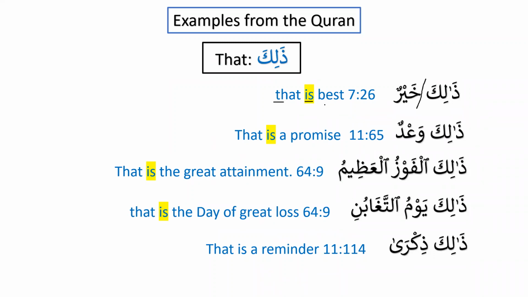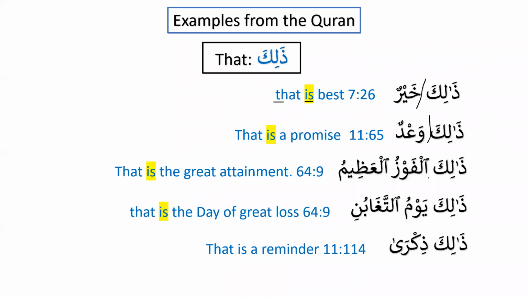And also we need to remember that these are parts of the verses that we take from the Quran. So that's why we have to translate it and use the translation as it is used in the Quran. That's why there is no need to make it capital over here. Dhalika wa'dun, that is a promise. And then we have dhalika al-fawzul azim.